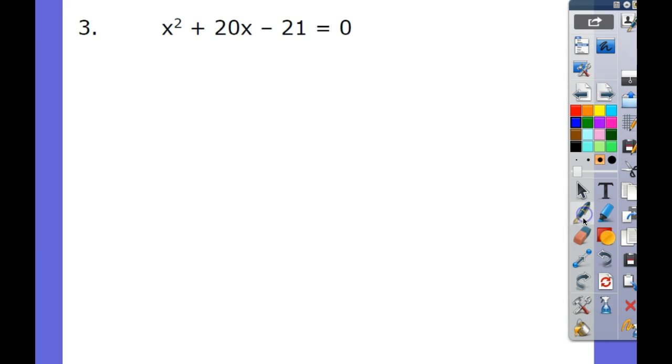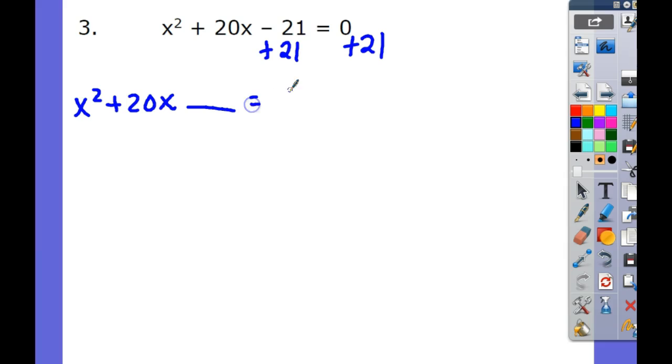Next example. To factor, or to use the quadratic formula, it has to be equal to 0. But when you're using complete the square, I don't want it equal to 0. I want this number out of the way. x squared plus 20x, leave a space.